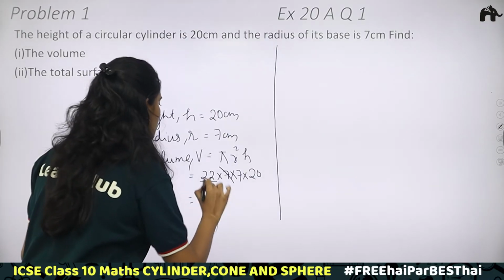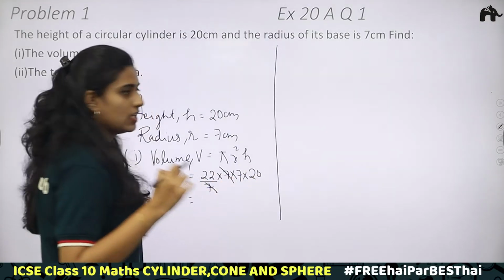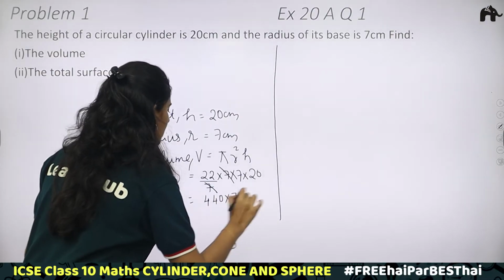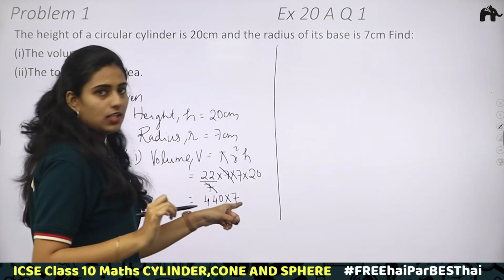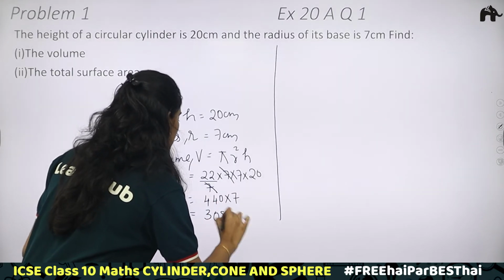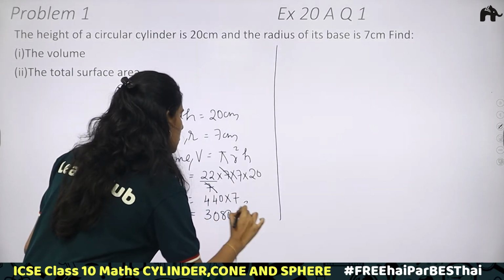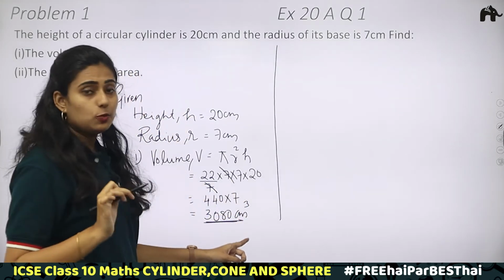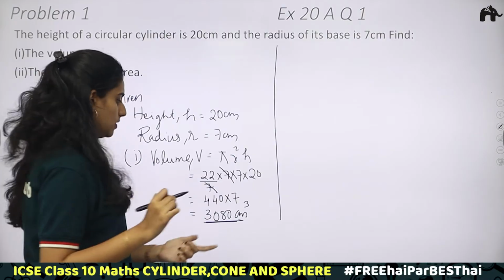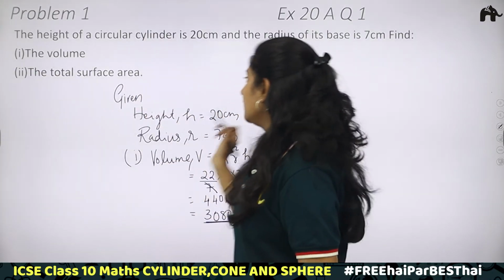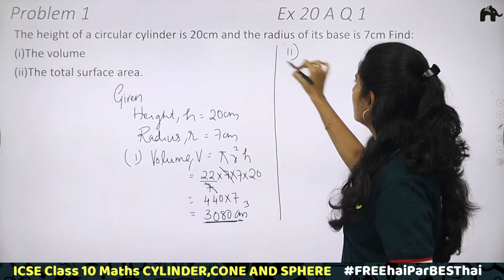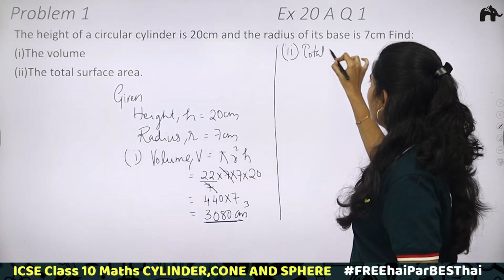Then you have 22 into 20, 440 into 7. When you do this calculation, you get 3080 centimeter cube. Okay. Never forget to put the unit here. For volume, the unit is centimeter cube. Next, we need to find the total surface area. How to find total surface area? Total surface area.